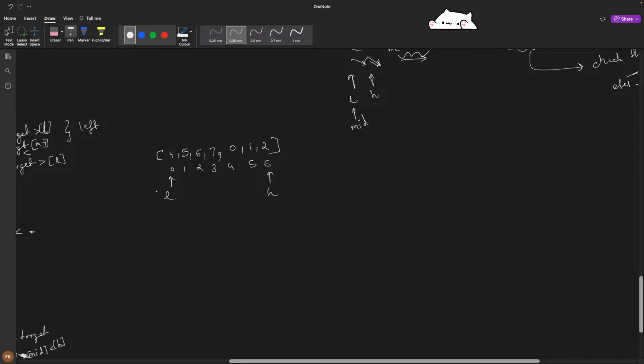Low, high. Here initially I see low is greater than high. That means it is rotated, and mid is here, and mid is greater than high. That means rotated part is at right.